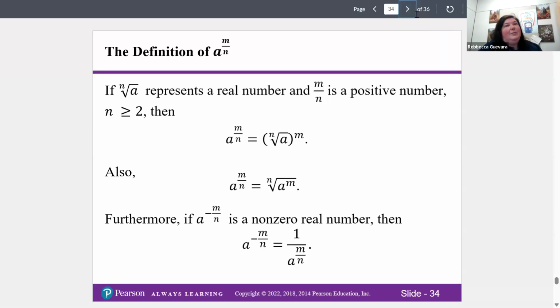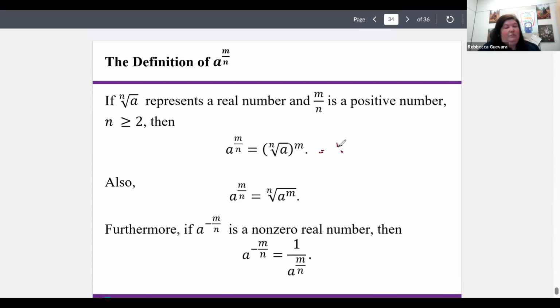So if I have a to the m over n, I can rewrite that as the nth root of a to the m, or you might see this as well, the nth root of a to the m. You can see one or the other. So this is interchangeable.